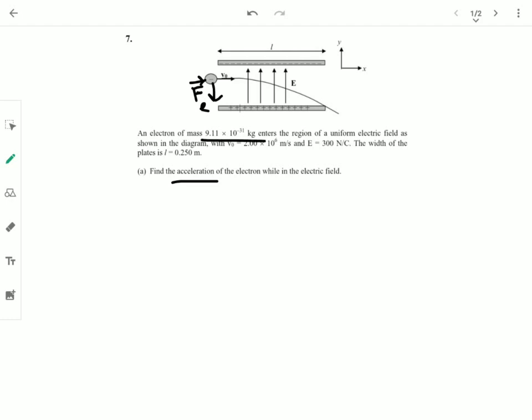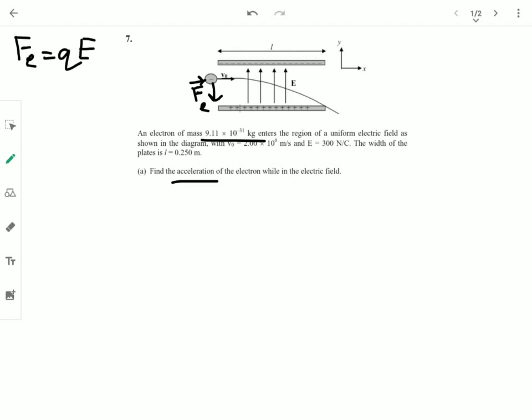Now, if anyone remembers, the formula for electric force is equal to Q times E, right? Since the electric field is pointing upwards, and since the charge of the electron is negative, the force has to be downwards. The direction has to be affected.